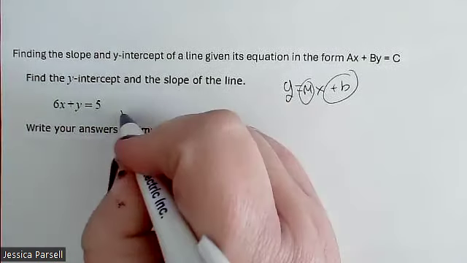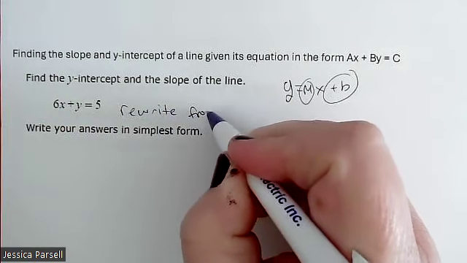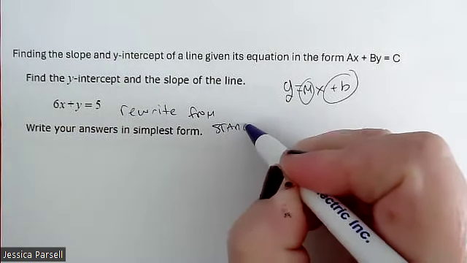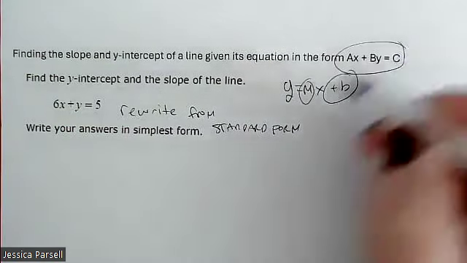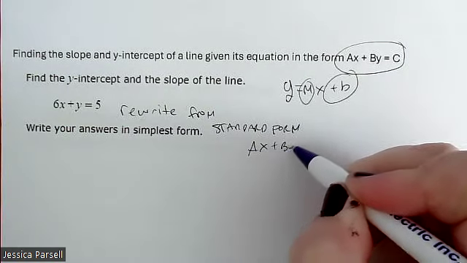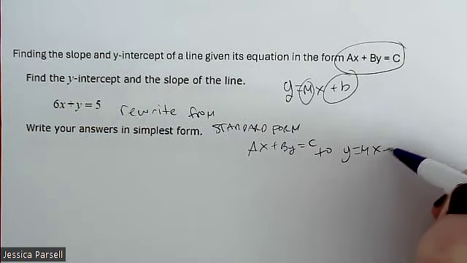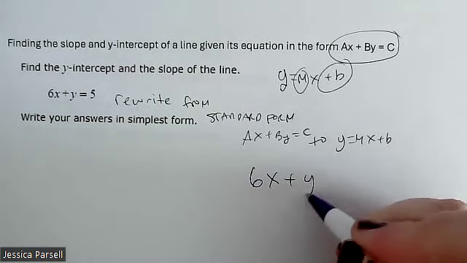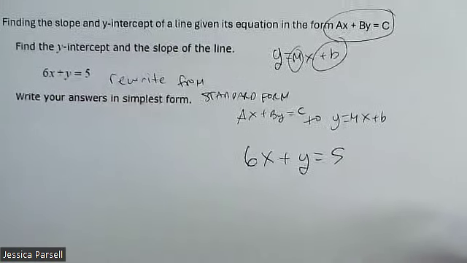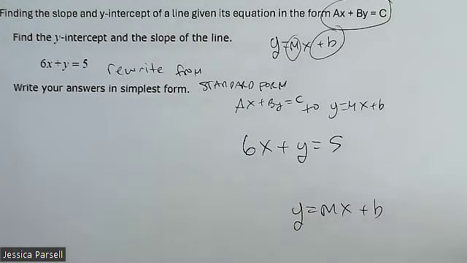So we're going to rewrite this from standard form, which is this, ax plus by equals c. We're going to rewrite it to y equals mx plus b form. So 6x plus y equals 5. We want it to look like y equals mx plus b.